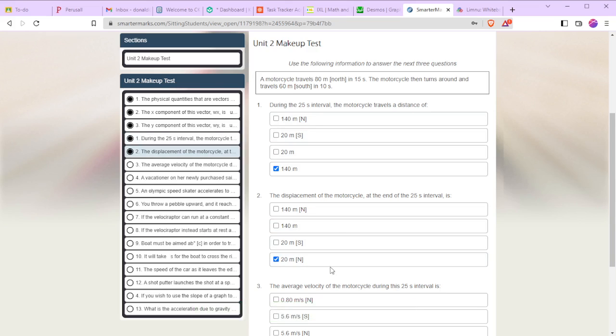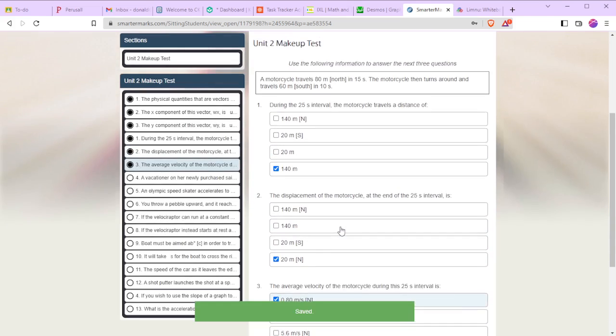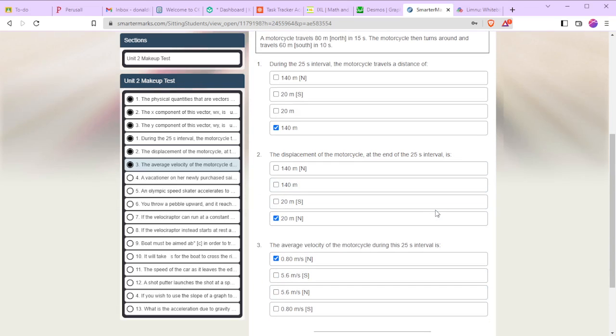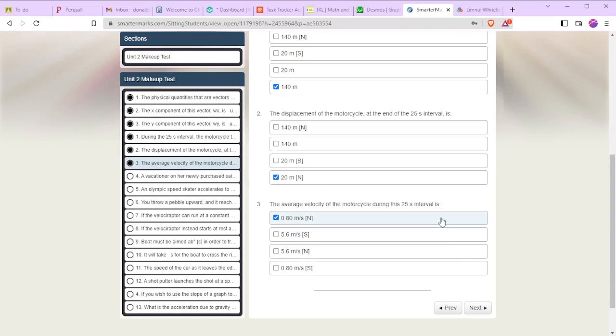The average velocity is 20 divided by 25 to give us 0.8 meters per second north. Sorry, this doesn't ask for speed. If it did, it would be the 140 divided by 25 seconds, so that would be around a 5.6 or so.